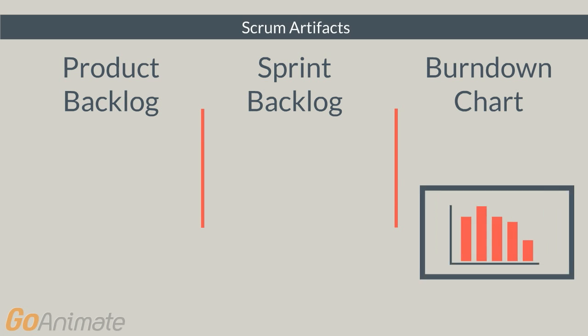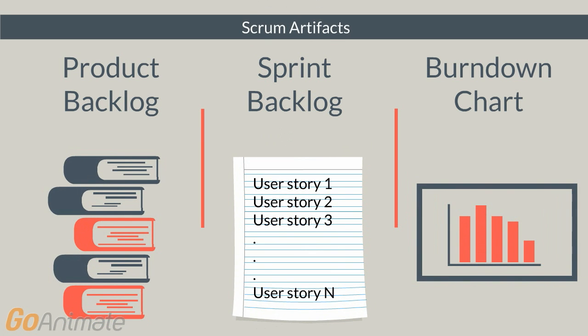Now let's talk about the Scrum Artifacts. First, the product backlog. It is a prioritized and estimated list of the high-level product features that were identified by the product owner. Note that this is a living document that will be updated throughout the project as more requirements are realized. Then, the sprint backlog.